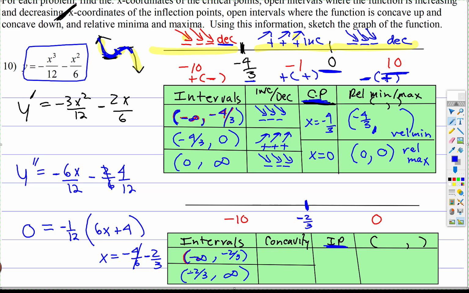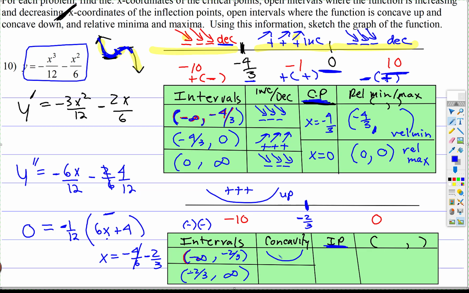All right. So when we plug negative 10 into the second derivative, that would be negative 60 plus 4, which is a negative number, and this is a negative number on the outside, so negative times negative is positive. So this is concave up, and this is what you draw, and I'm going to put the word up right there.